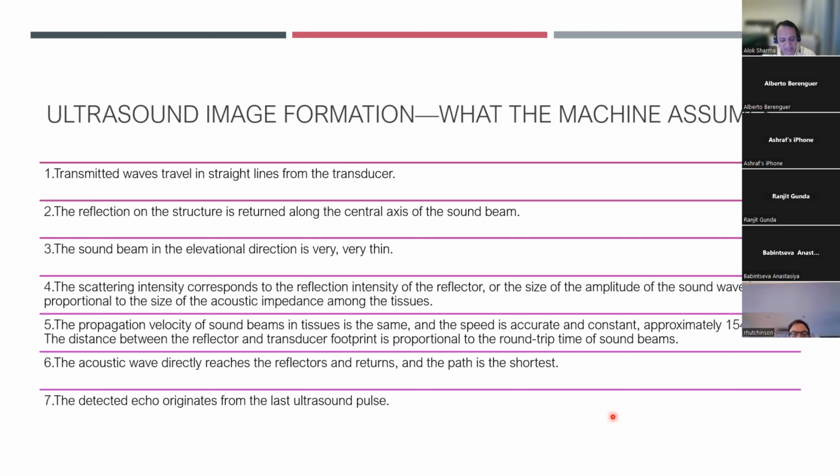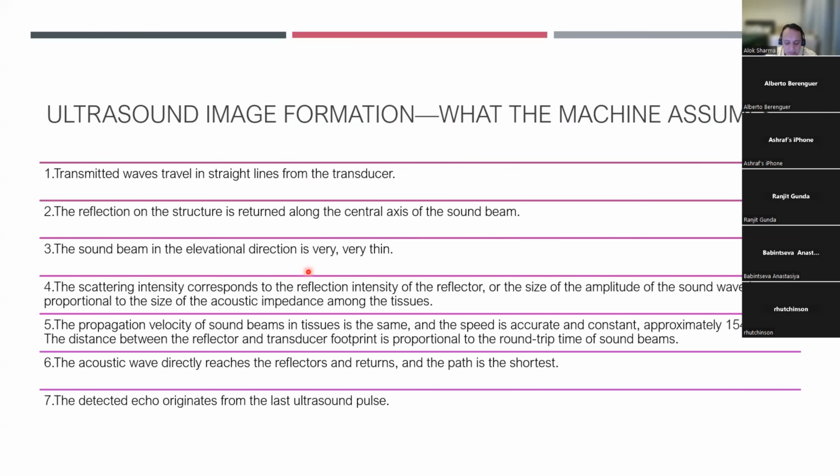Now, as I've described to you, sound waves tend to travel in straight lines from the transducer. The transducer, or the ultrasound machine, then assumes that the central movement of sound waves will reflect back to you in a central axis so that the image is uniform. It also assumes that the sound wave is reflected back to you in an elevational direction.